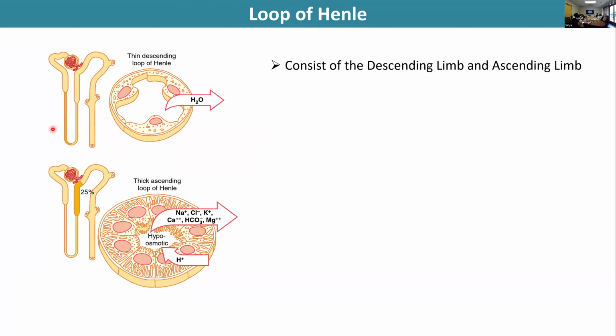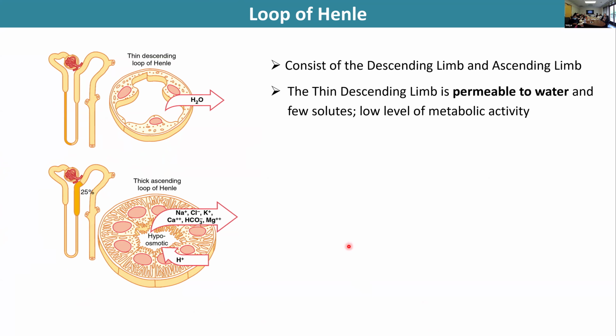So as I mentioned before, we have the descending loop and the ascending loop. And the important thing is the permeability: the descending loop and the ascending loop differ in how permeable they are to water.